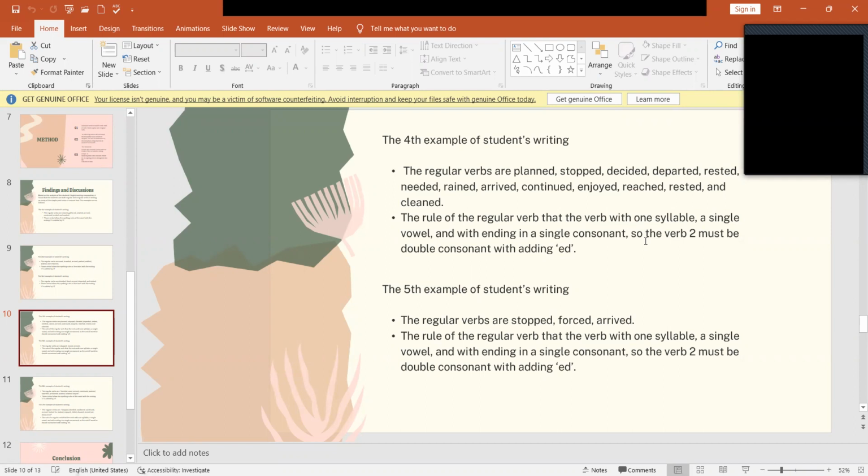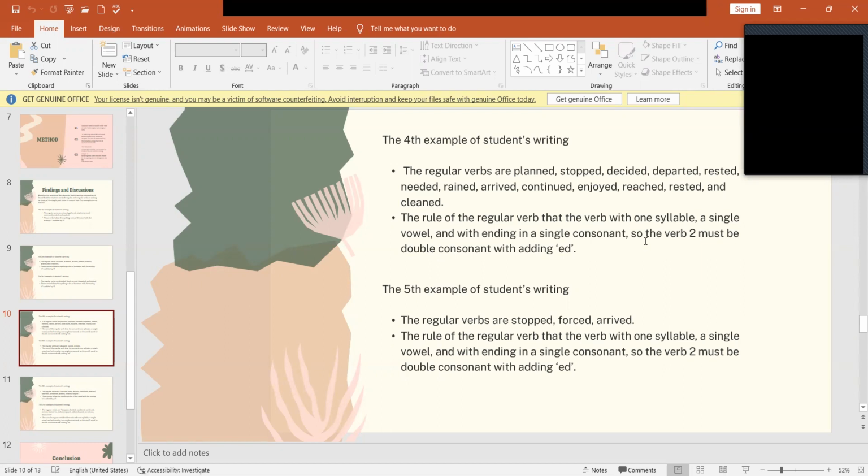The rule of the regular verb: a verb with one syllable, a single vowel, and ending in a single consonant, so verb 2 must double the consonant with adding ED. For example, verb 1 is plan, and it changes into planned, and verb 1 stop changes into stopped.